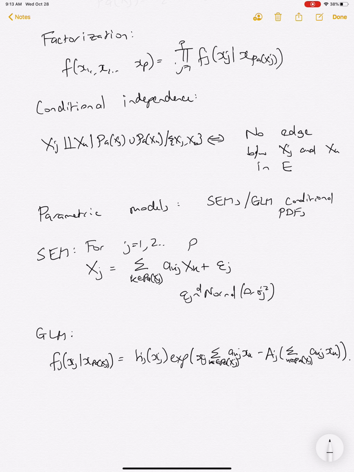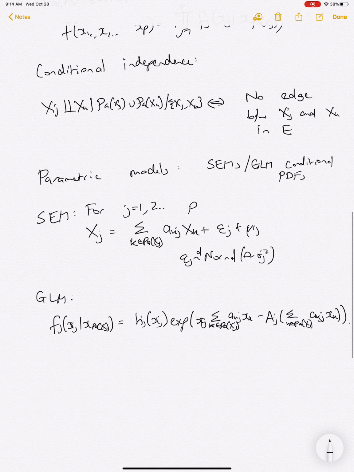So for each j, the first one we saw in the case of normal was the structural equation model. So here it's a linear structural equation model, meaning that xj is just a linear model in terms of the parents of xj plus some independent Gaussian noise. And we typically also added a mean term here, but that won't be of such great relevance here.